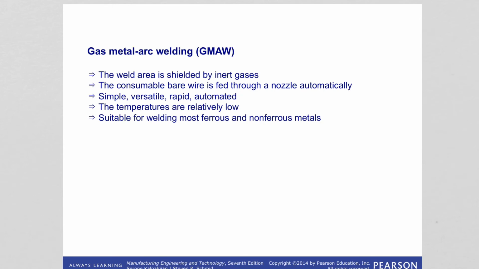So in the gas metal arc welding process, the weld area is shielded by inert gas like argon, helium, carbon dioxide, or other gas mixtures. Here you have a consumable bare wire that is automatically fed through the nozzle. It is kept feeding to the system, basically through a nozzle into the weld arc.